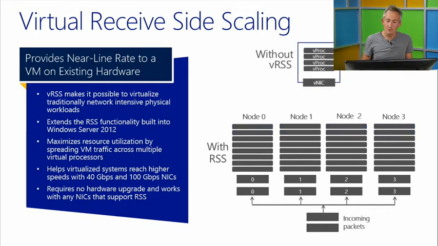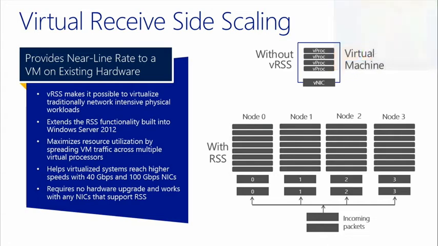But then we think about virtual machines and VRSS, virtual RSS, and a virtual machine that's got multiple virtual processors. Similar kind of situation where we don't have VRSS enabled. When there's a lot of network traffic to and from that virtual machine, that first virtual processor gets hot. But when we introduce VRSS and we enable that within the properties of the virtual network adapter within the VM, which is new in 2012 R2, we effectively balance all of that processing across the virtual processors themselves.